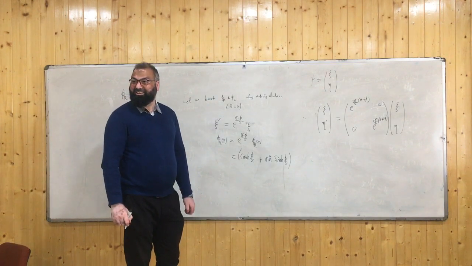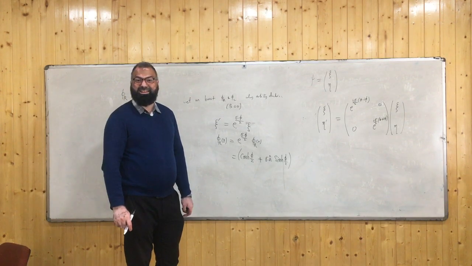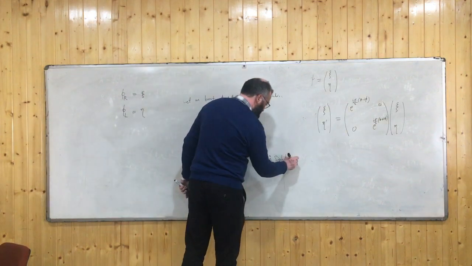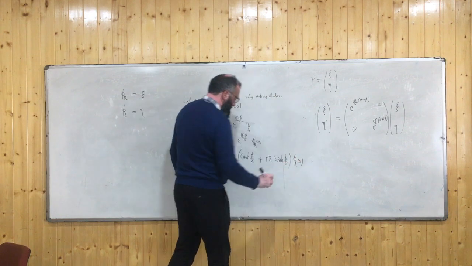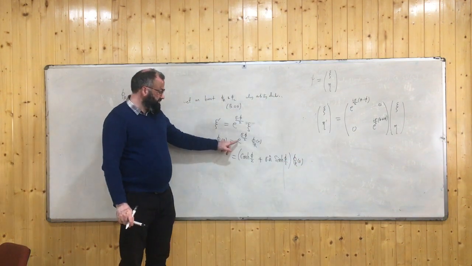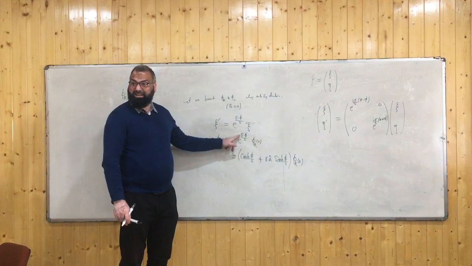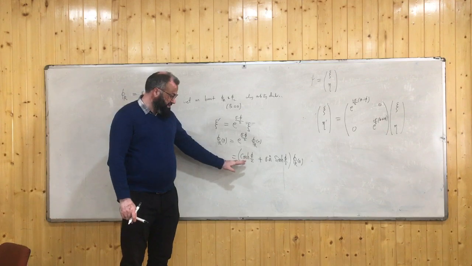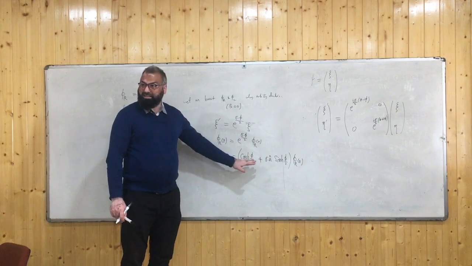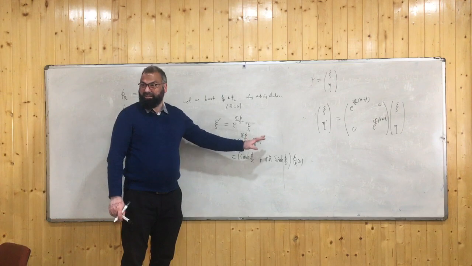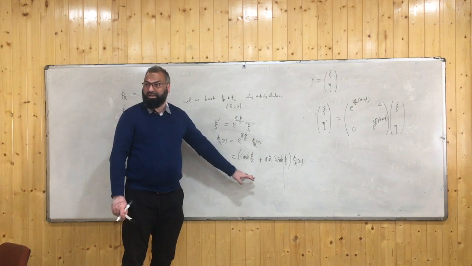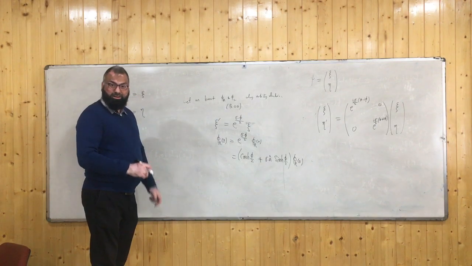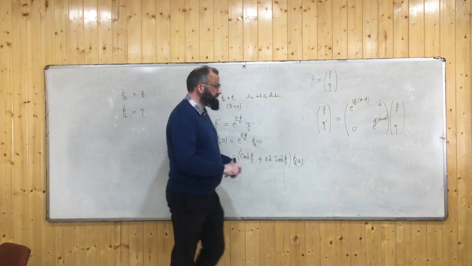Is it clear? Last time we had e raised to the power i times something, and if it is i, then it will be cos instead of cosh. Just expand this by Taylor series expansion and you will get this very formula. Everybody followed it? Okay, now let's rewrite this very equation.